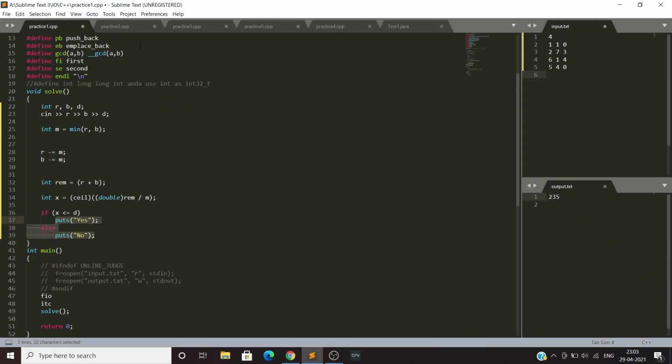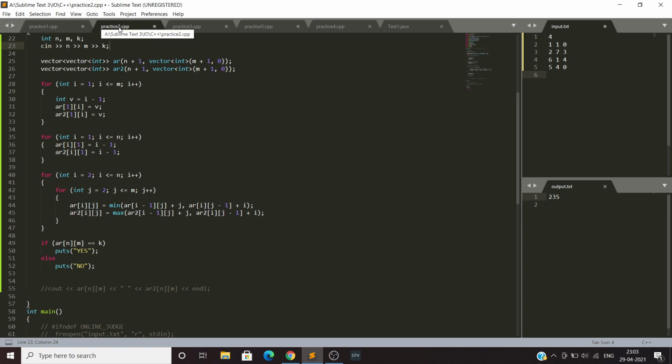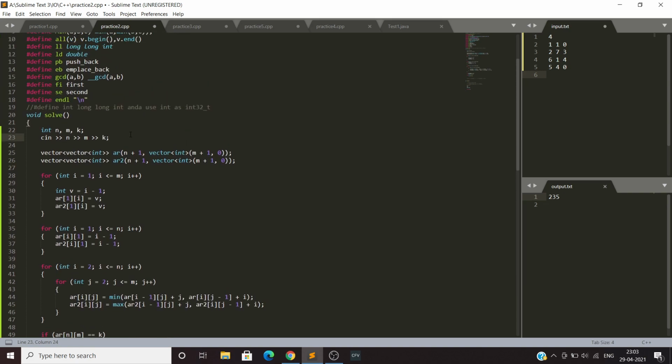So the solution is like this. First of all, I did not know the solution, so I just found the minimum and the maximum value that can be spent to reach the last cell of the grid. Here is the code for finding the minimum cost, and here it is for finding the maximum cost.